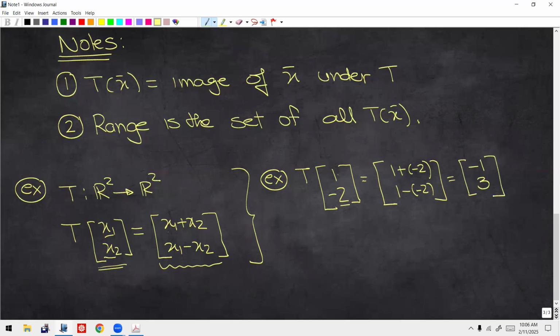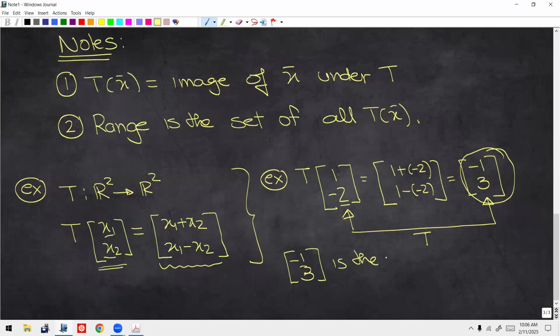So this vector (1, -2) gets transformed to this vector under T. So this is the image of (1, -2) under T. Okay, so we say that (-1, 3) is the image of (1, -2) under T. Okay, so that's an example of a transform.